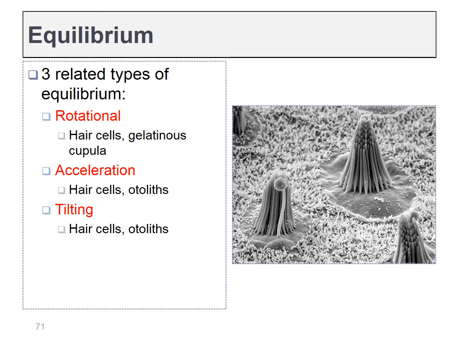These hair cells are located in three spots within the inner ear. Rotational information can be detected by hair cells found in the ampullae of the semicircular canals. Acceleration and tilting can be detected by hair cells found in the vestibule. We also have hair cells in the cochlea, and we'll come to those in a moment.